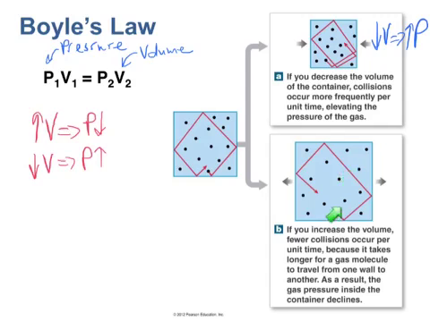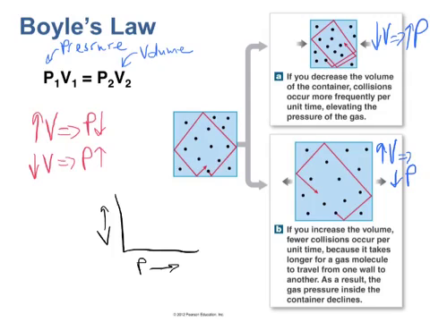So with an increased volume, you get a decreased pressure. If I were graphing this relationship out, I would put pressure on the x-axis, volume on the y-axis, and the actual graph of this relationship would look something like that.